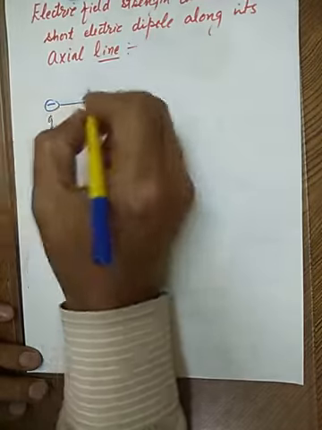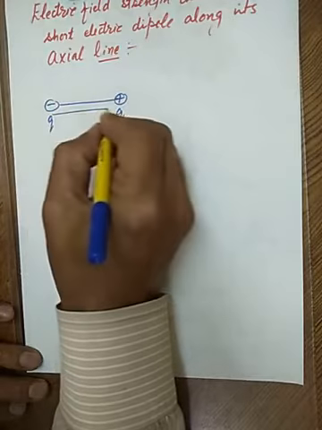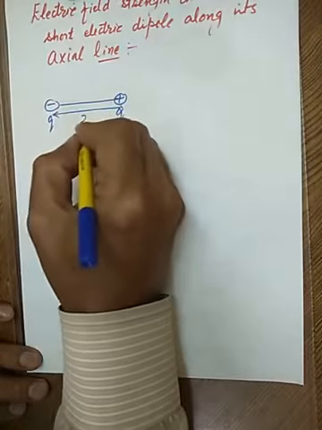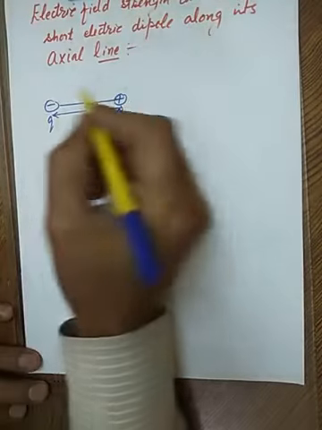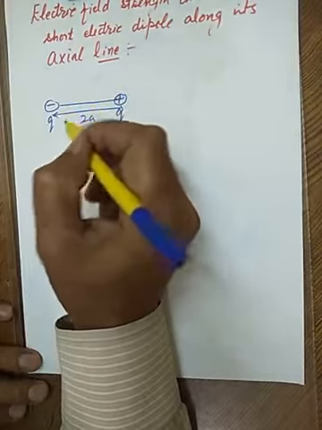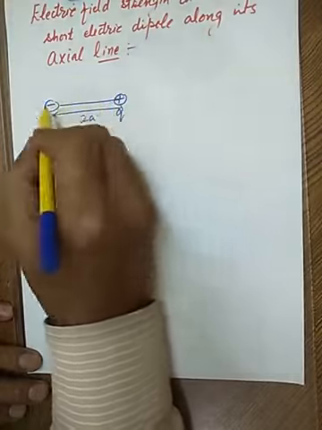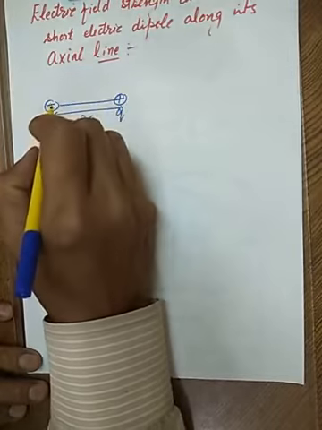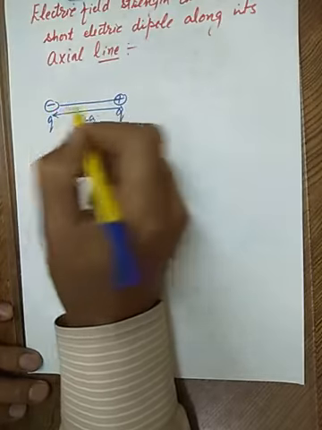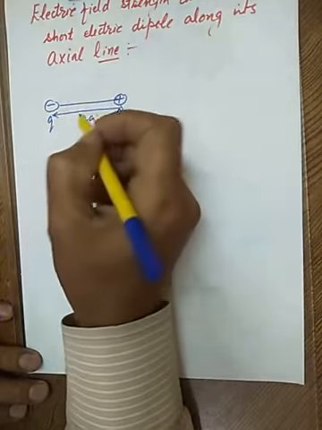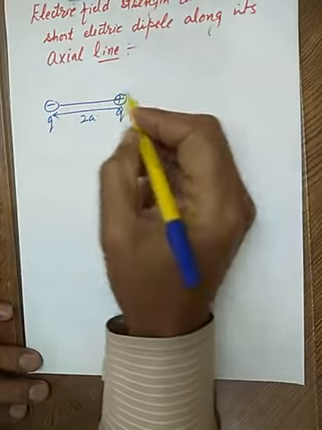They are separated by a distance 2a. This is also known as the dipole length. The axial line, the line joining the centers of these two equal and opposite charges, is along its dipole length.